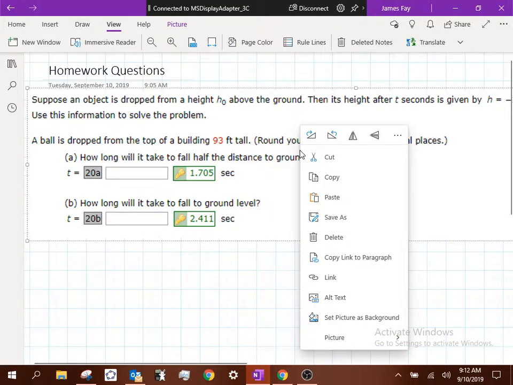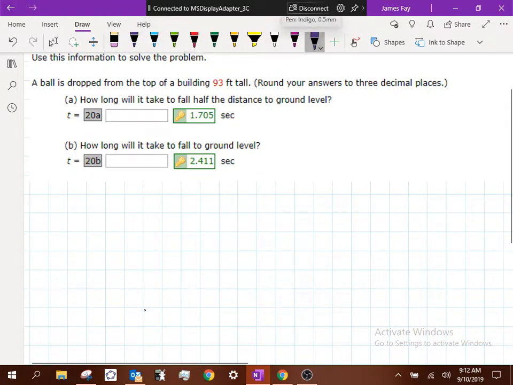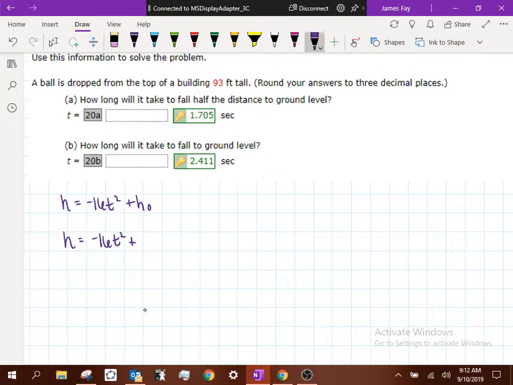So if I'm going to create an equation for this, they said h is equal to negative 16 t squared plus h sub 0, and your initial height is 93 feet. So that's the height that we're going to drop from.